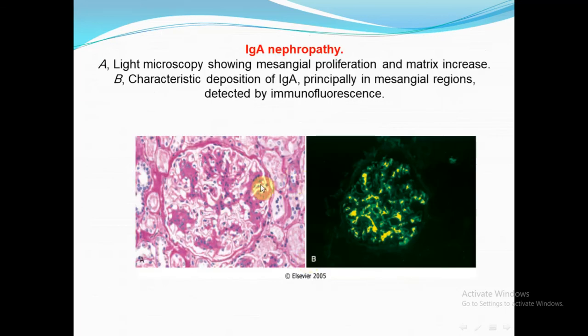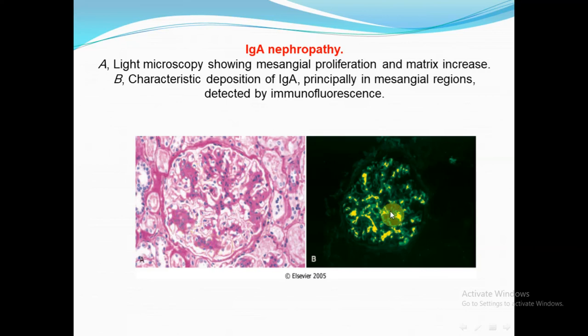In IgA nephropathy, this is light microscope. Here we have a light microscope picture showing proliferation of the mesangial matrix. Here we have mesangial matrix proliferation, and this is an important pathological change in IgA nephropathy.